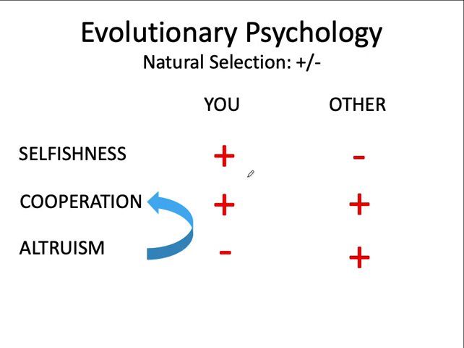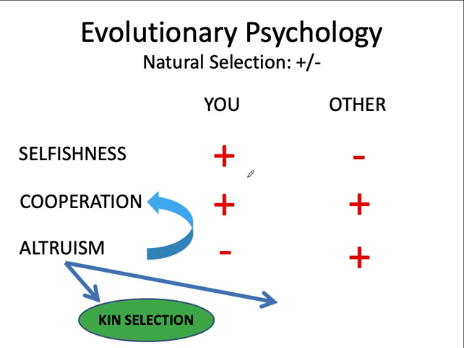There are two major mechanisms to explain altruism in animals. The first is something called kin selection. And kin refers to related individuals. Kin selection is natural selection in favor of behavior by individuals that may decrease their chance of survival, but increases that of their kin.